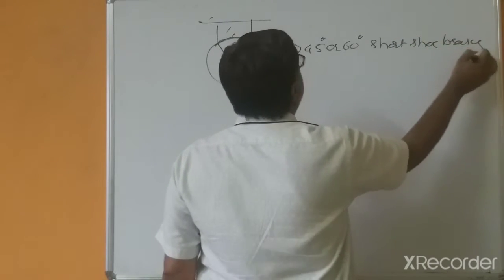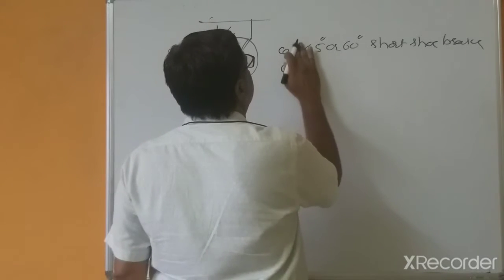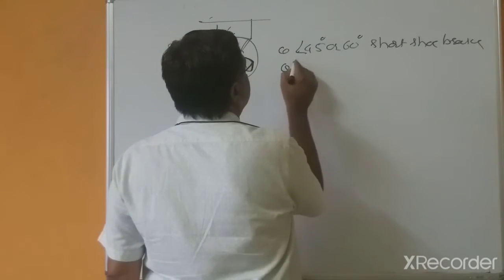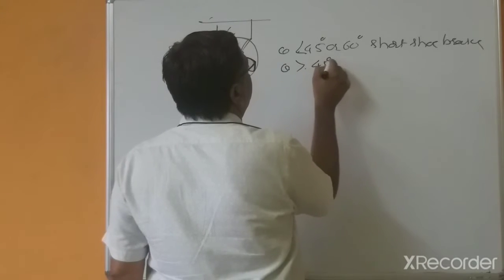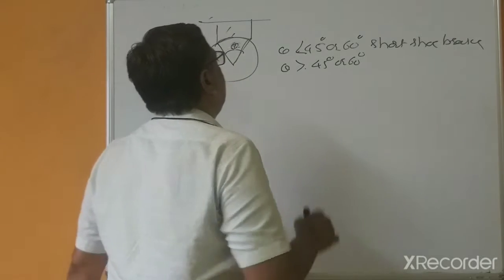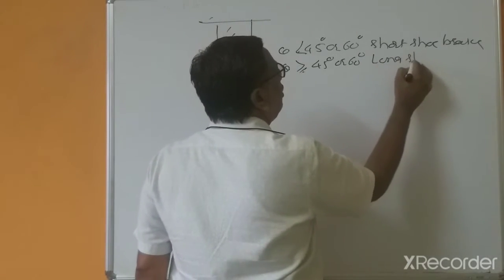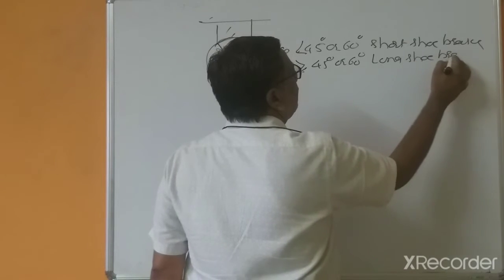And when this angle theta is greater than 45 or 60 degrees, it is called a long shoe brake.